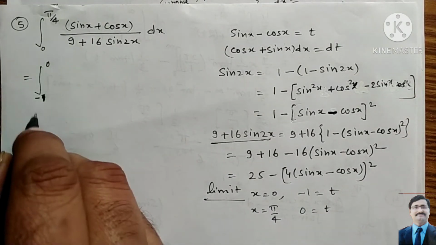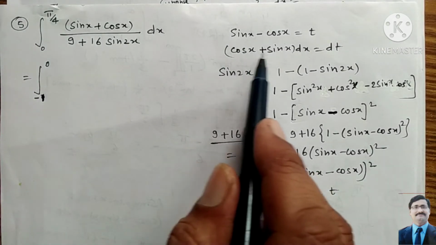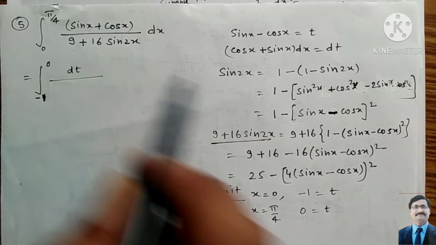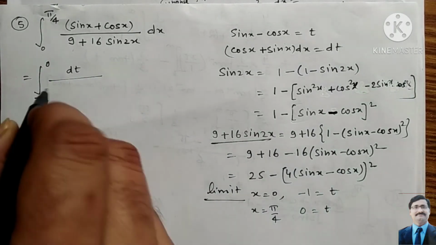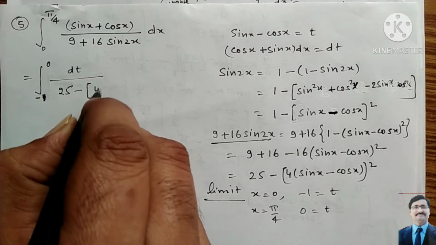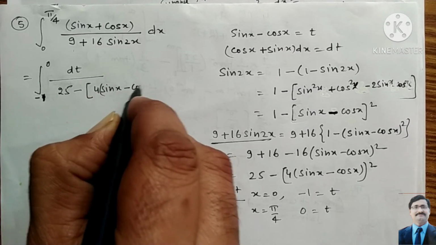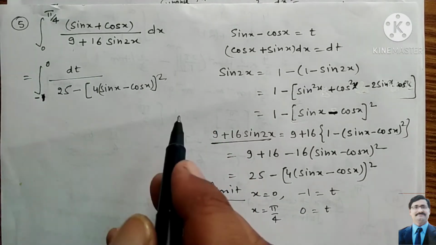So the limits are −1 to 0. And (cos x + sin x) dx will be dt. And 9 + 16 sin 2x we can write as 25 − (4(sin x − cos x))².